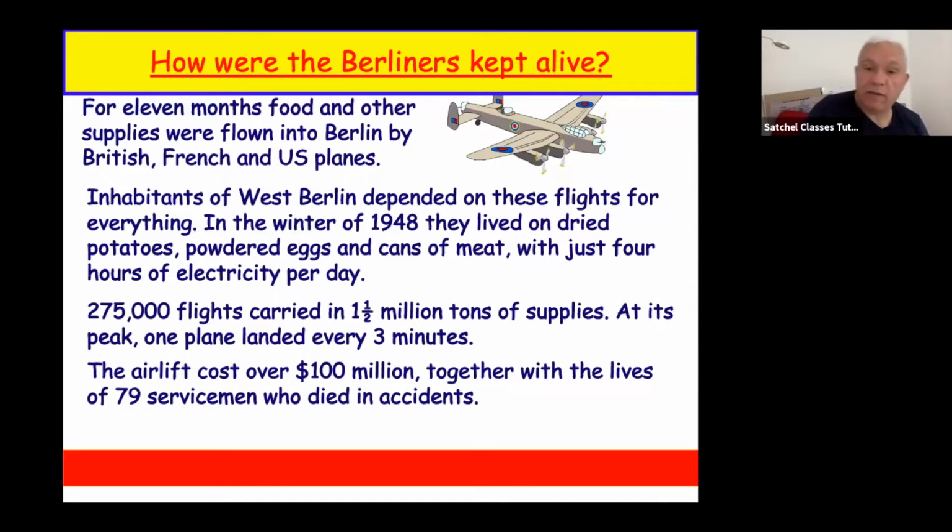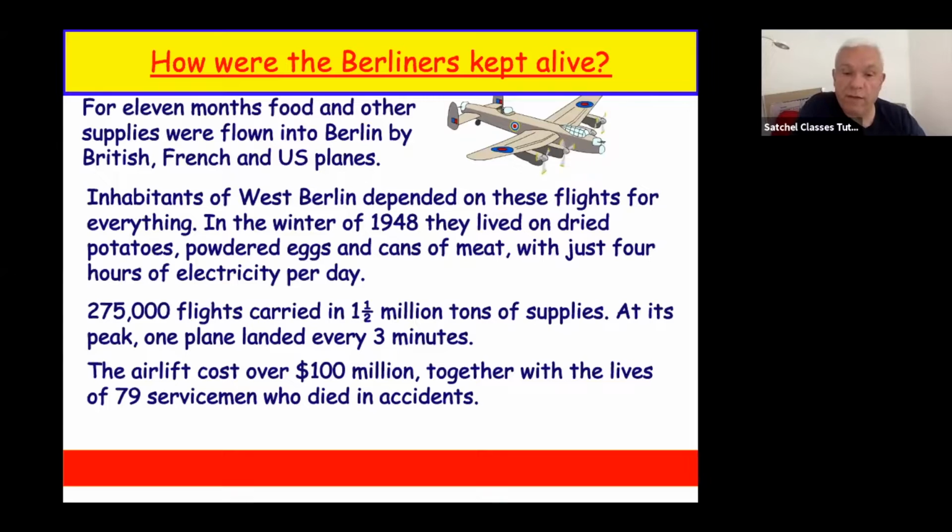Some of the planes did crash, quite often in the winter. The Soviet planes wouldn't shoot them down, but sometimes they would fly alongside them and try to put them off. Unfortunately, some planes did crash, and so 79 men lost their lives.